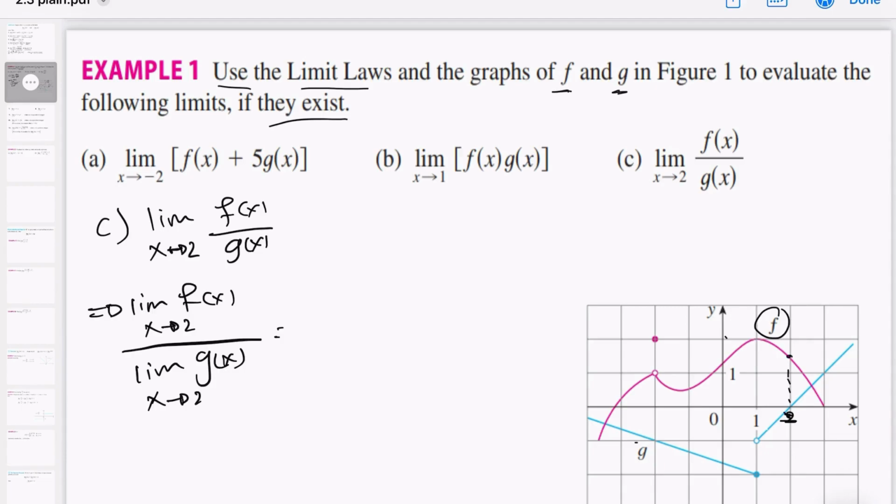It's clearly here. We can say that it's around 1.5, because from the left and from the right they are equal to each other, and we can say that the limit of the function f of x is equal to 1.5, and the limit of the function g as x goes to 2, it's just right here, is equal to 0.